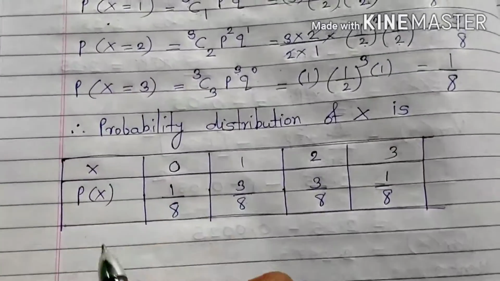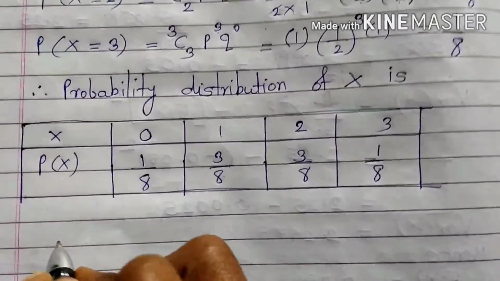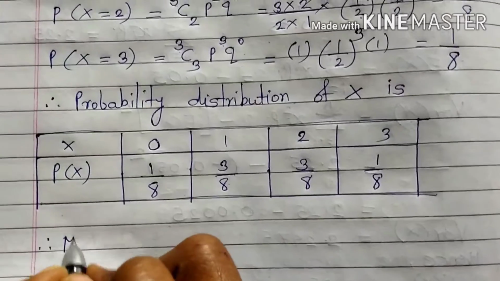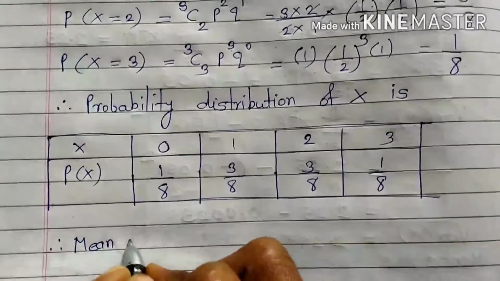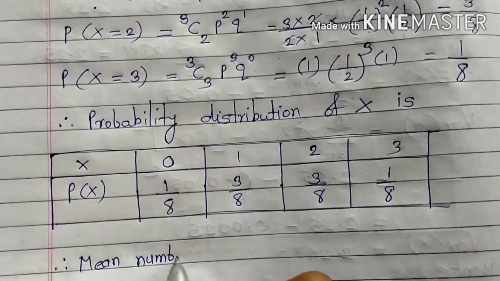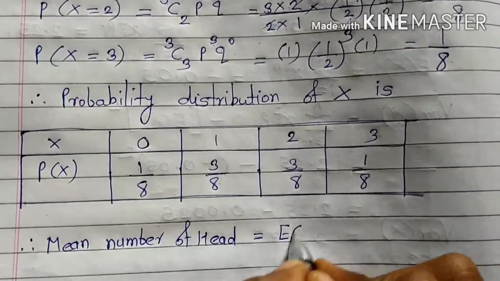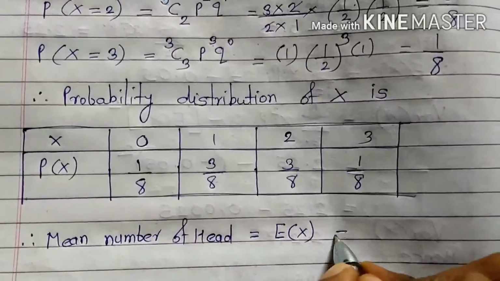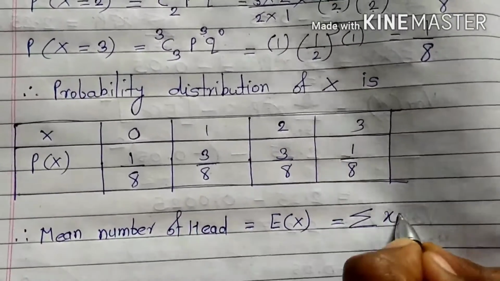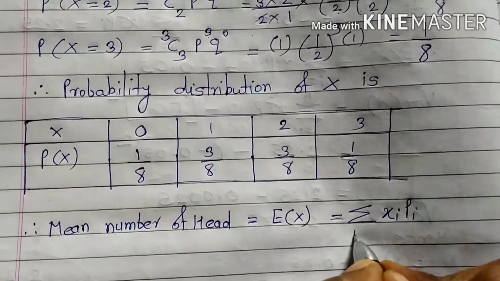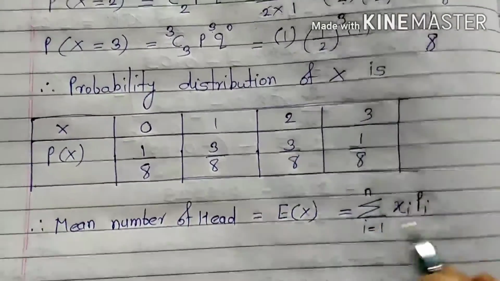So the mean number of heads, therefore the mean number of heads, is equal to E(x), which is equal to the summation of xi pi, where i runs from 1 to n.